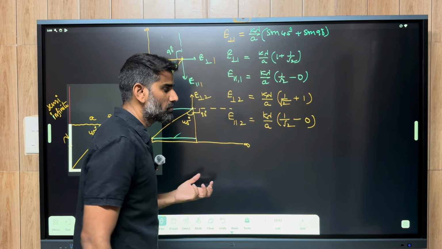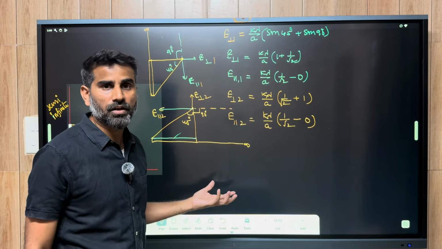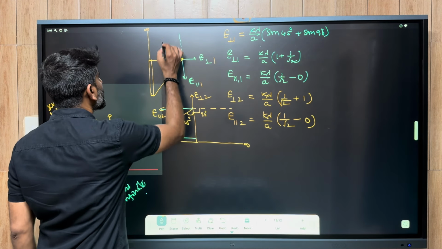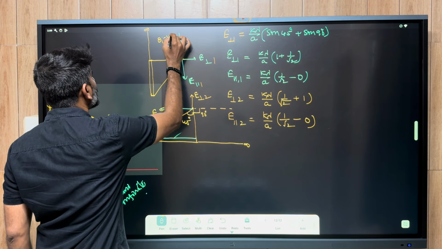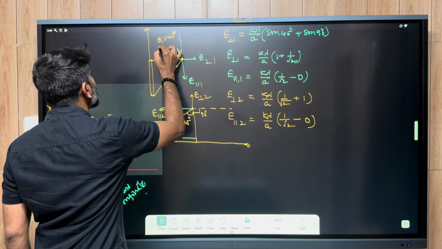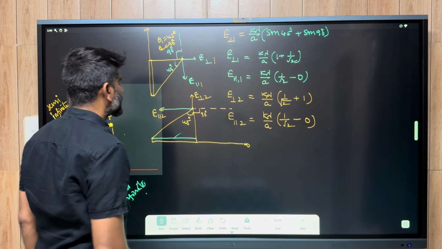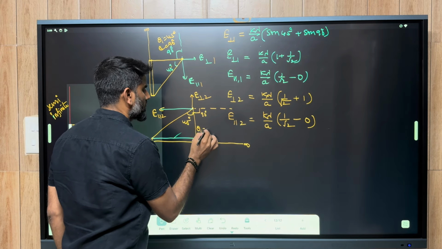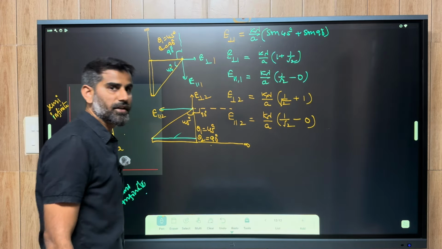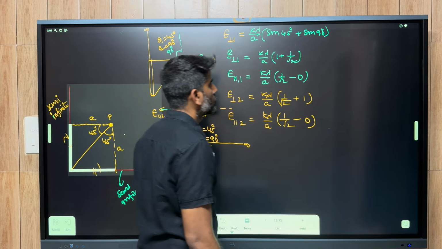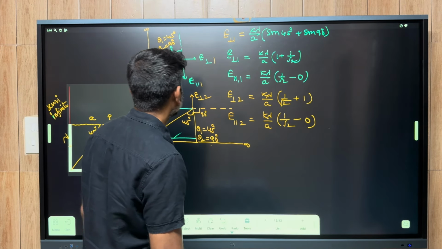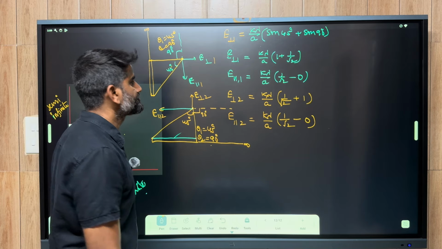So I think you might remember those formulas by now. The angles that I've considered here: theta 1 is equal to 45 degrees, theta 2 is equal to 90 degrees, and here again theta 1 is equal to 45 degrees, theta 2 is equal to 90 degrees. So what am I getting? 1 by root 2, 2 minus 0. Okay, right. So I know the directions. I'm representing the vector notation as well.